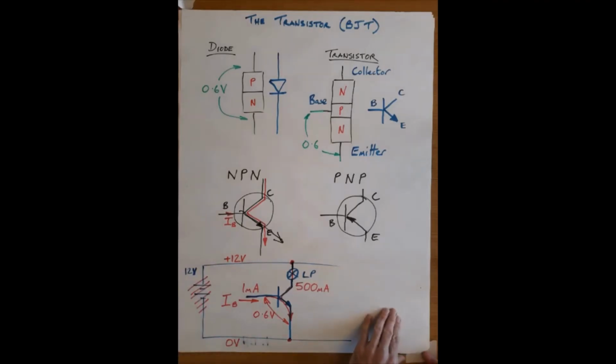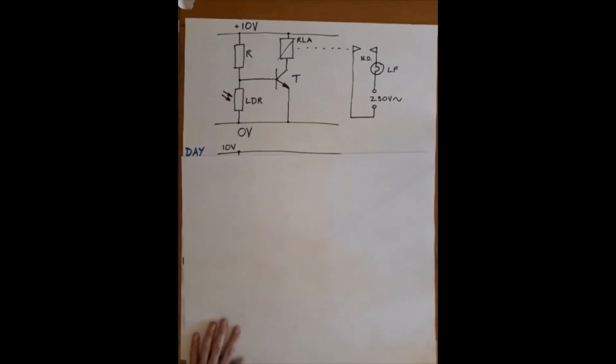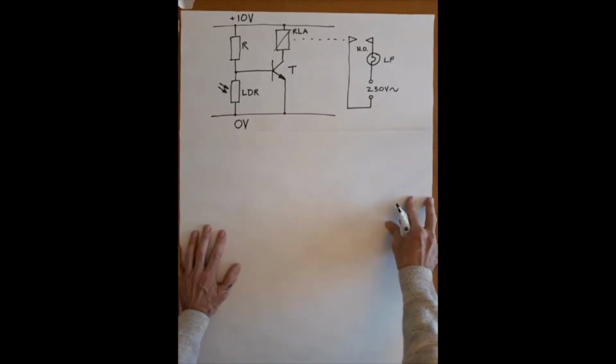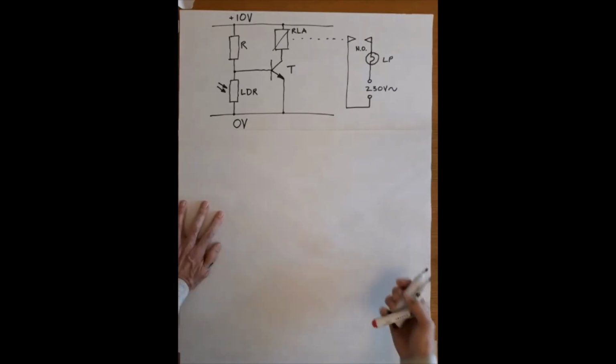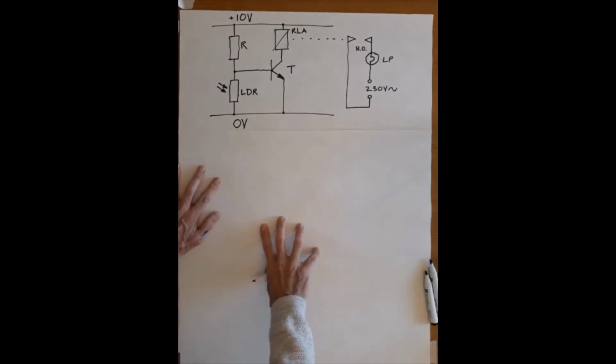So let's move on and look at a simple circuit which you may encounter. So this circuit is a dusk till dawn light.